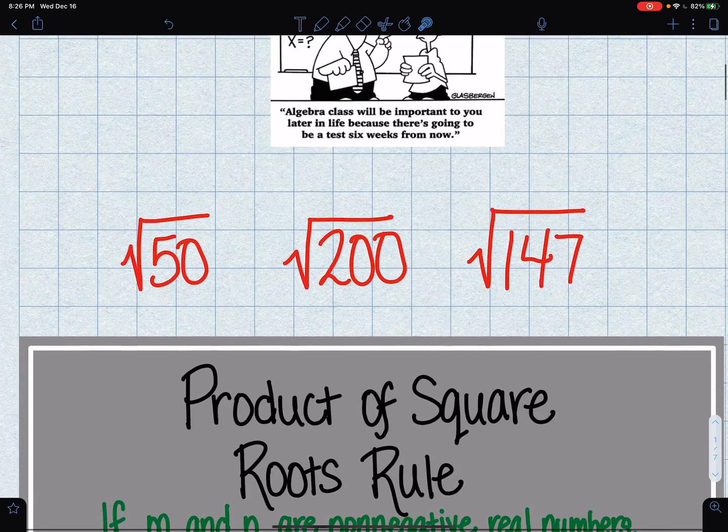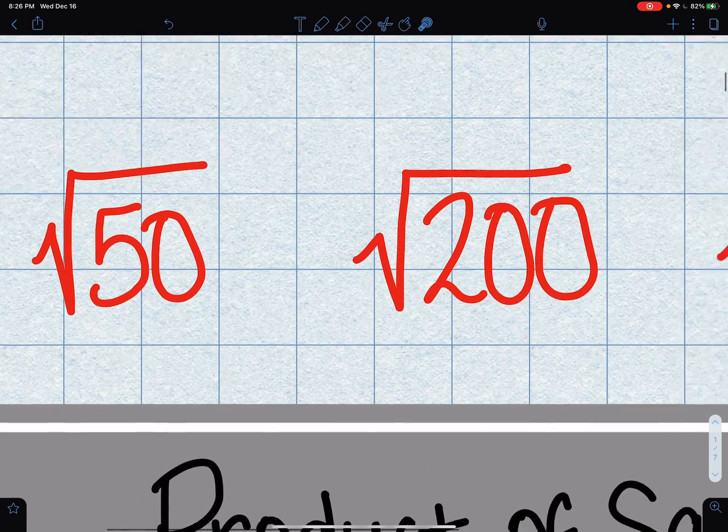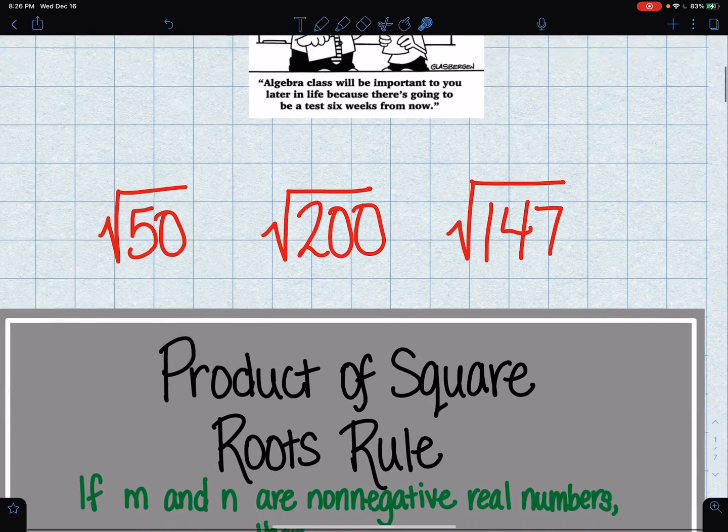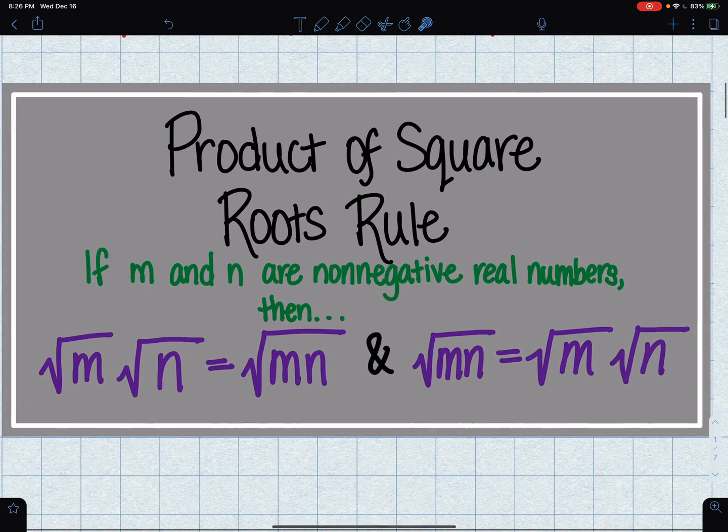All right, so here we go. Square roots of many numbers like this, and like this can actually be written in simplified form. To write one of these numbers in simplified form, we're going to use a new rule. I call this rule the product of square roots rule.